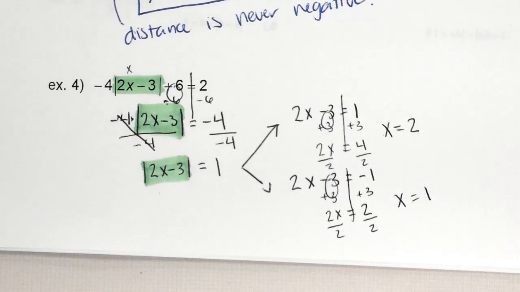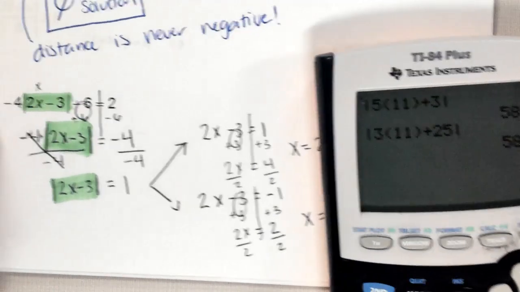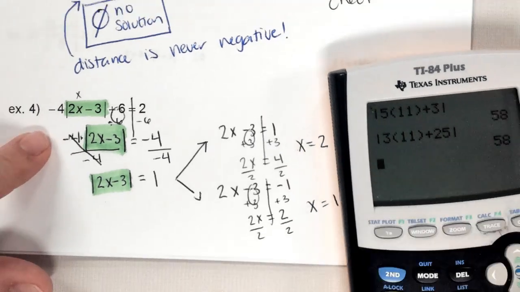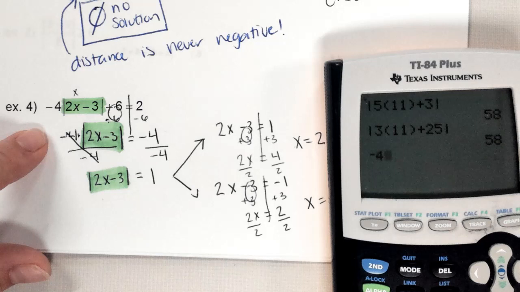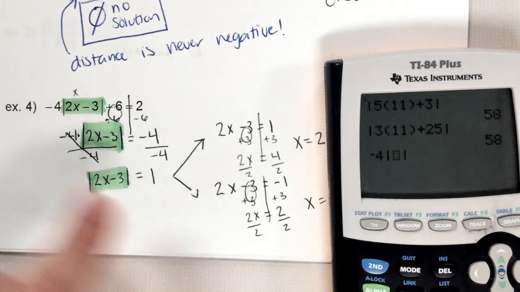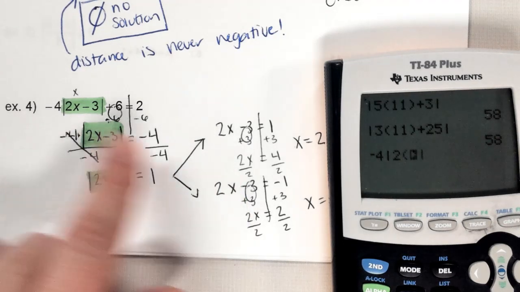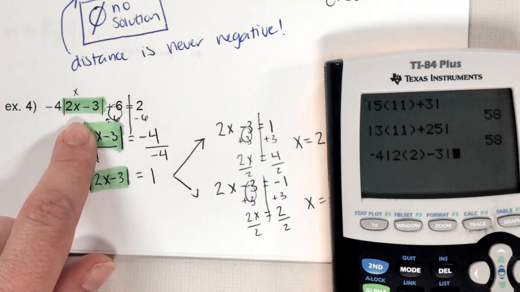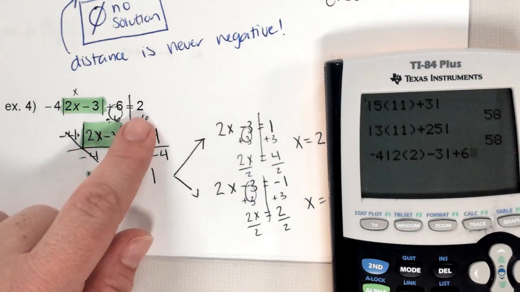Now, one thing that is a little different on this one, anytime you're checking your work, I want you to plug it into the original. Okay, this is the original, yes? So I would type negative 4, math right 1, and then I would type 2 times, we'll pick 2, minus 3, come out from the absolute value bars and put plus 6, and what should it equal?